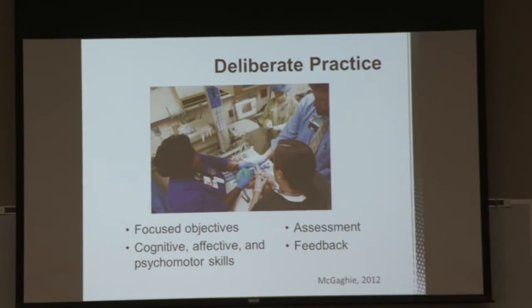And students get to do it all at once in the same scenario. So they get to apply all these things in a somewhat realistic context. And then there's assessment. The faculty will be observing and assessing the learners. And then finally, the faculty are able to give them direct feedback.